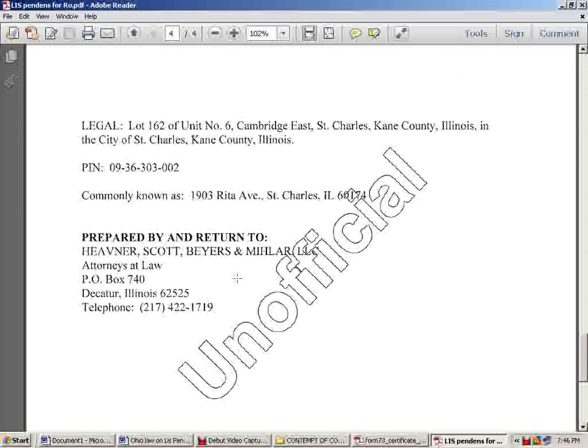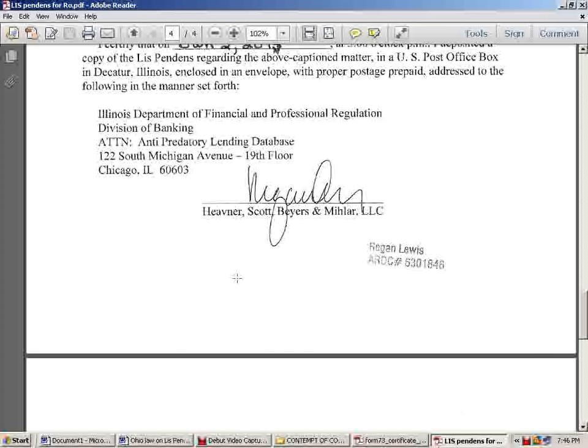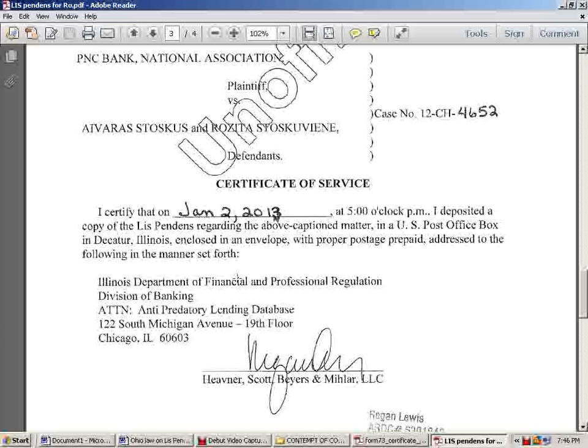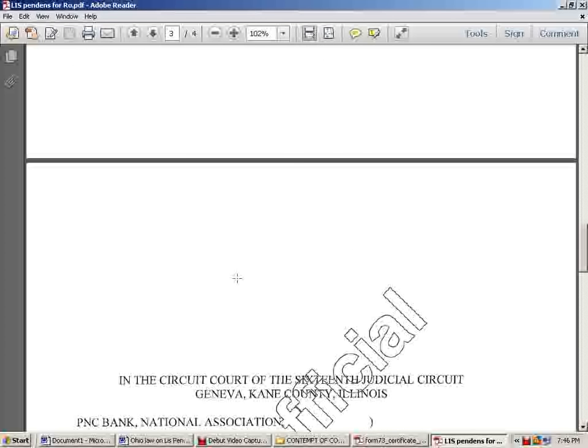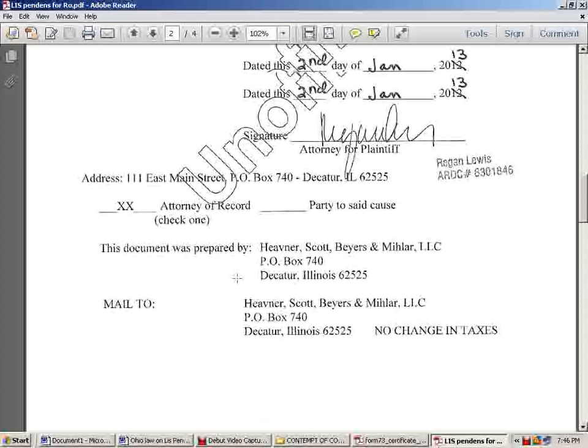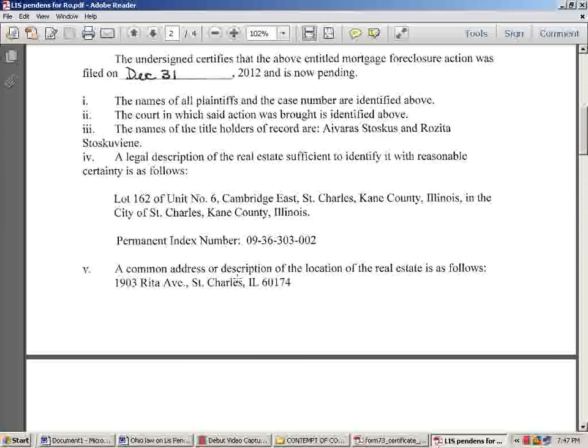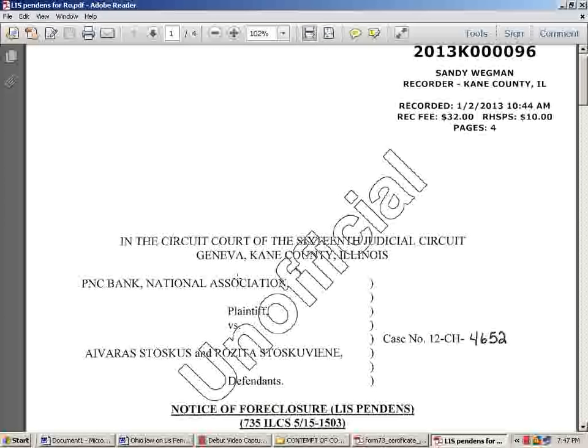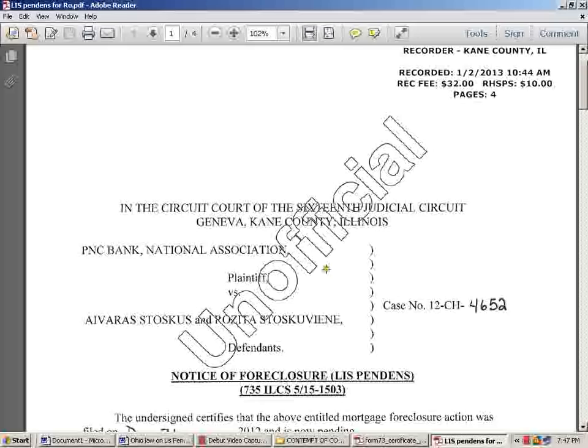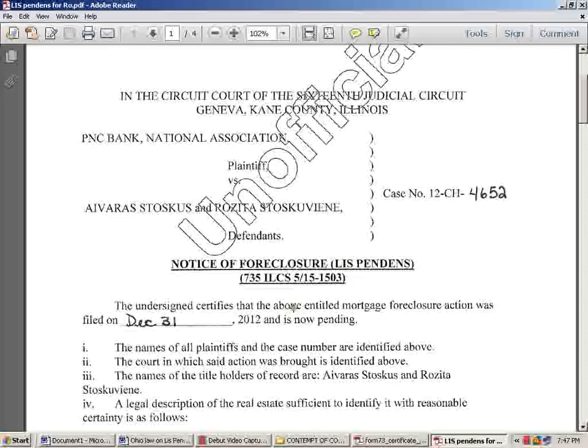All right, there's nothing on that page. That's the attorney. That's the attorney. And that's the recorder. Clerk didn't touch this paperwork.